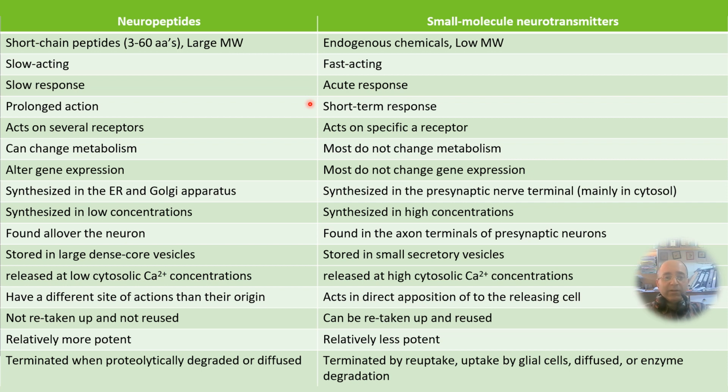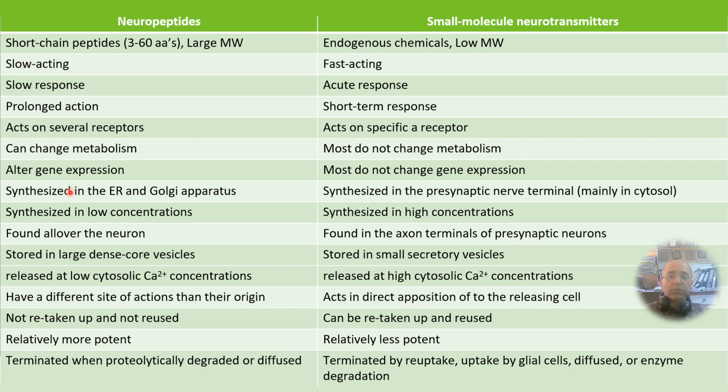Neuropeptides are not taken up by the presynaptic neuron, and they are not reused, but small molecule neurotransmitters can be recycled. They can be taken up again by the secreting presynaptic neuron, and they can be repackaged inside vesicles and released.